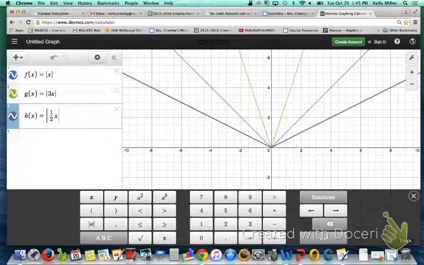So, if I gave you this example, same directions. If f of x is equal to x squared, and I gave you g of x is equal to 3x squared, what would be the transformation? Ben? Well, would it be a horizontal compression? Be careful.